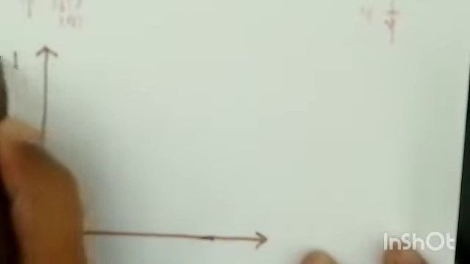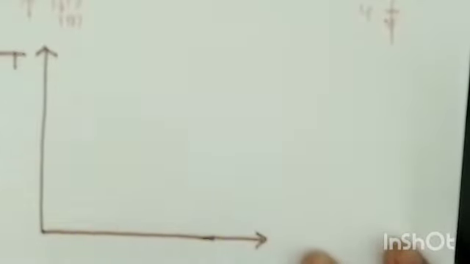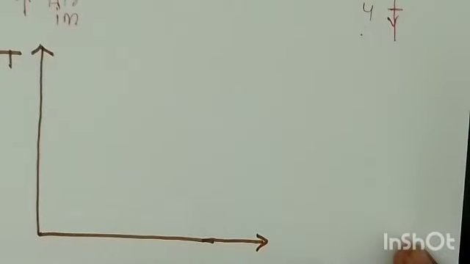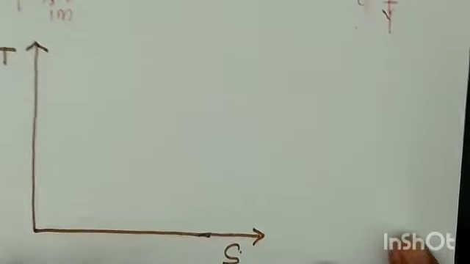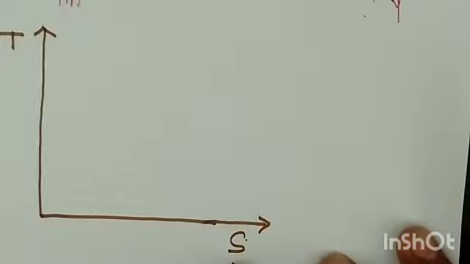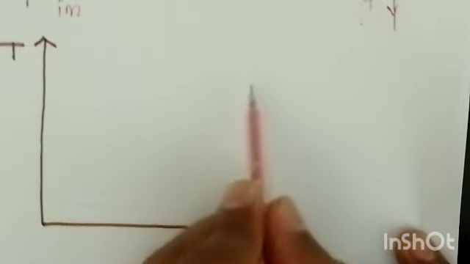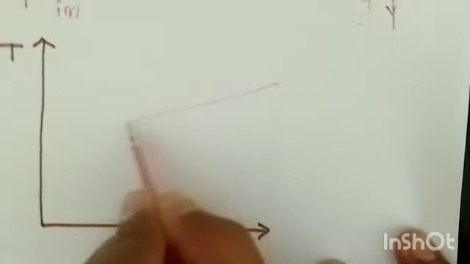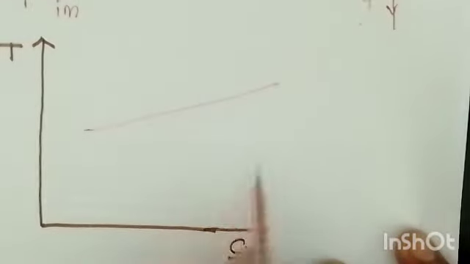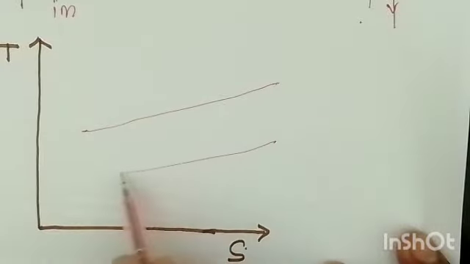Temperature we take on the y-axis, and entropy on the x-axis, right? Now we have to draw two constant pressure lines. This is the high pressure line, and this will be the low pressure line, right?